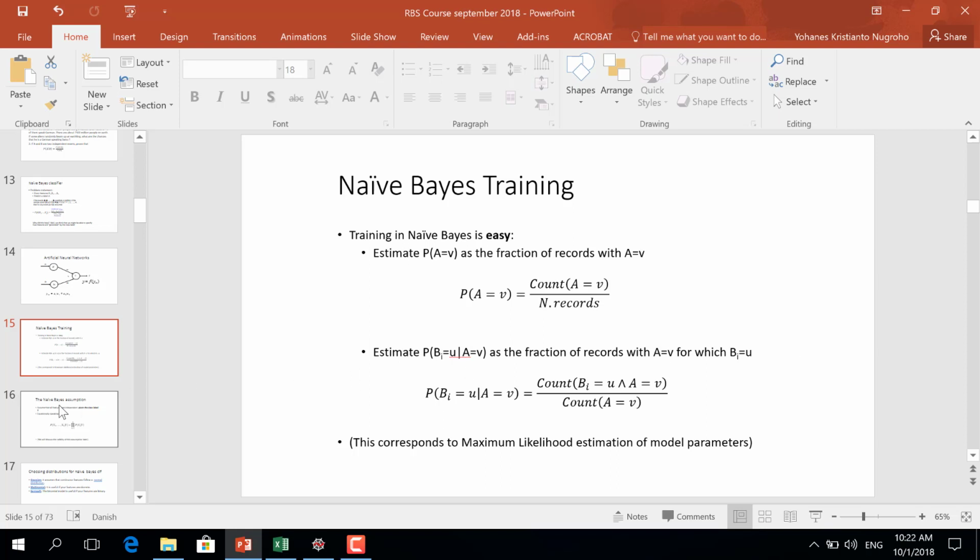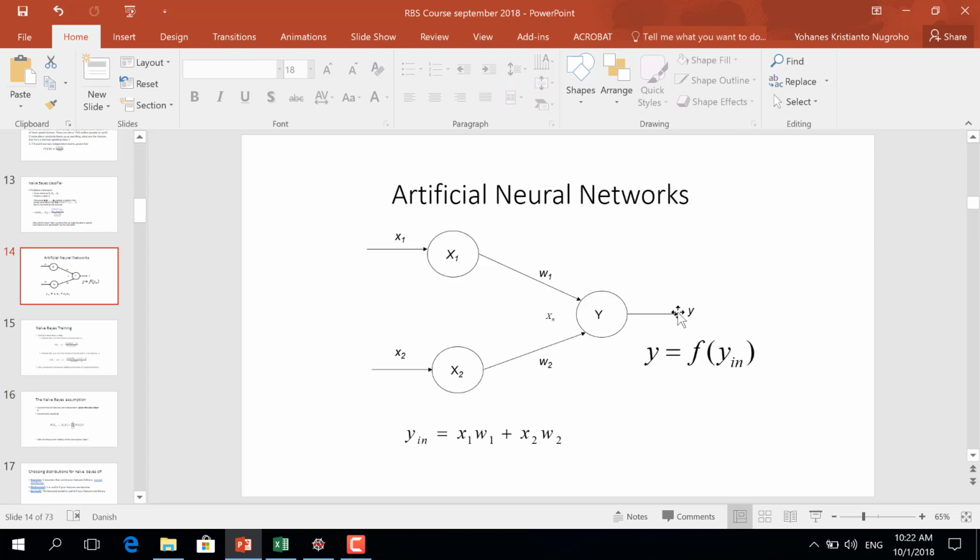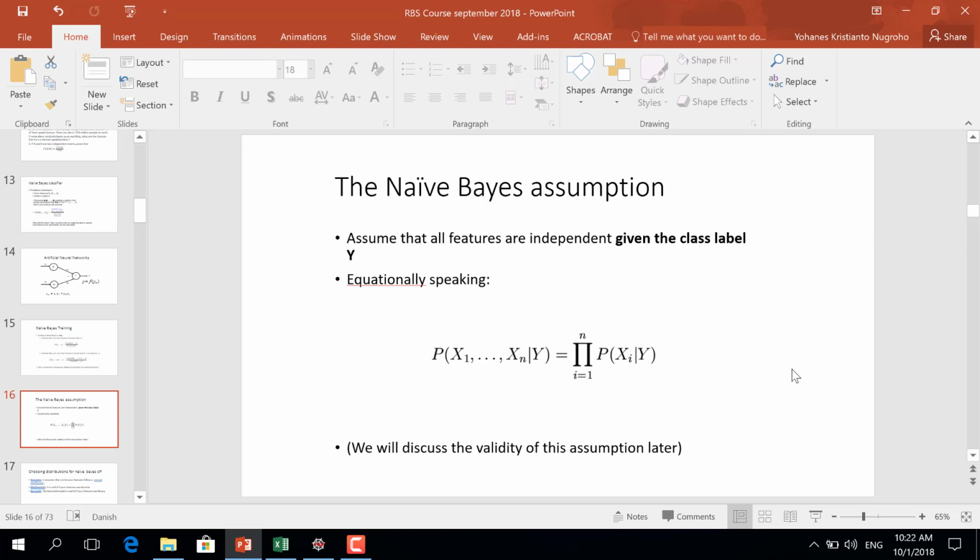And the joint probability of x1 to xn given y is equal to the capital Pi of the conditional probability of xi given y, from i equals 1 to n. So what is capital Pi? It is the multiplication of the conditional probability of xi given y from 1 to n. We will discuss the validity of this assumption later.